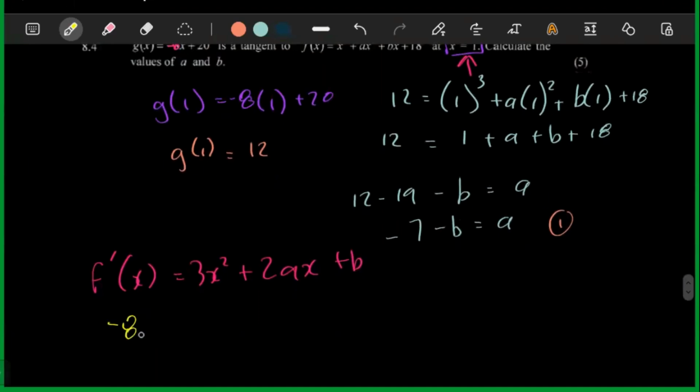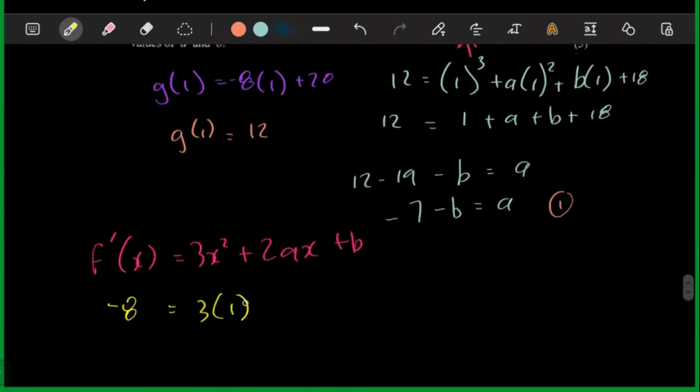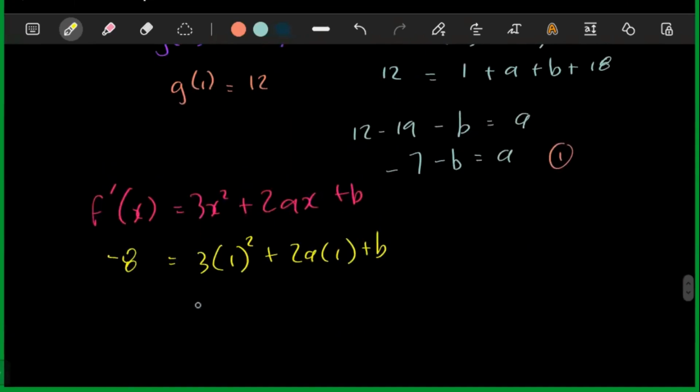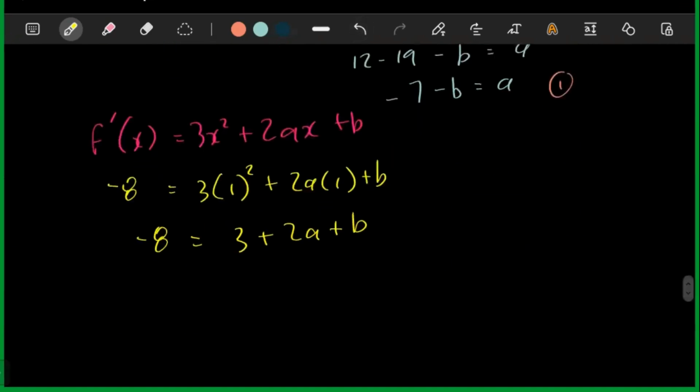Now we have a gradient equation where we can draw the gradient. Gradient is negative 8, x is positive 1, and then we will be able to bring our a value there. So here, this is 3 plus 2a, not 2b, plus b. We're going to throw a here, which is negative 7 minus b.